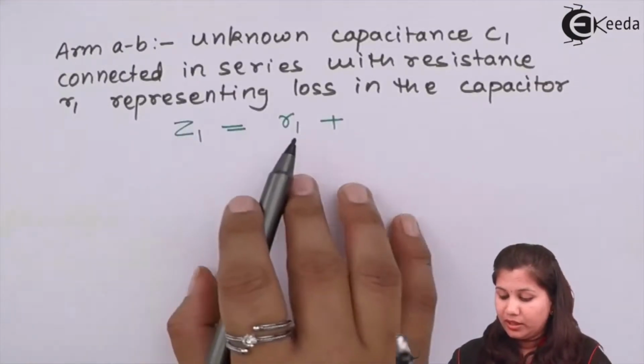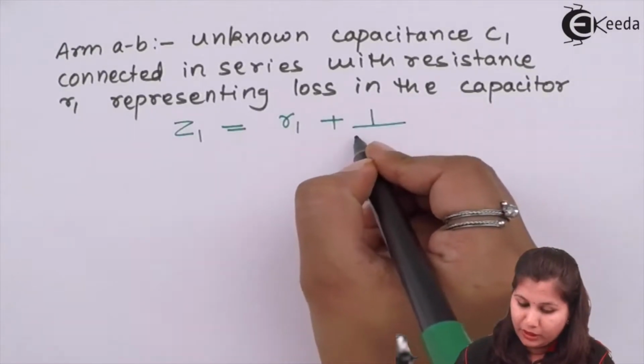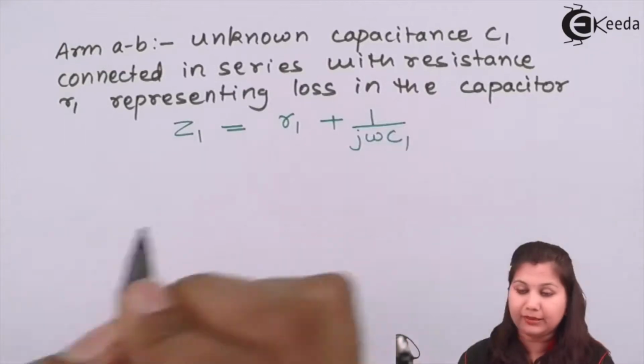So here the resistance is R1 and the capacitance value is 1 upon j omega C1.